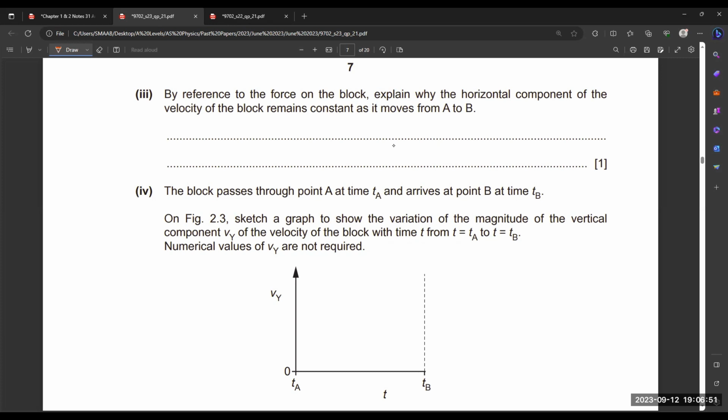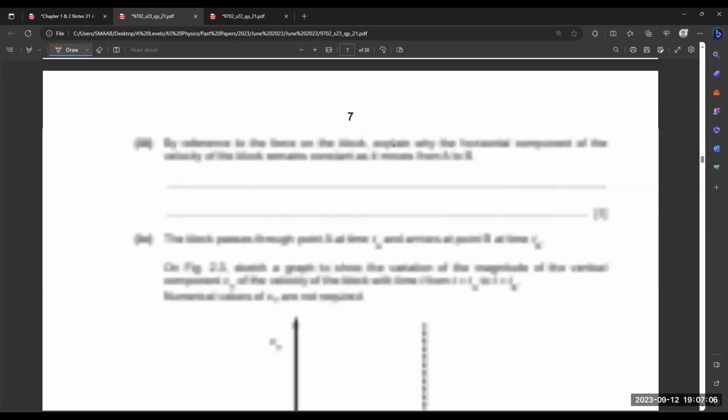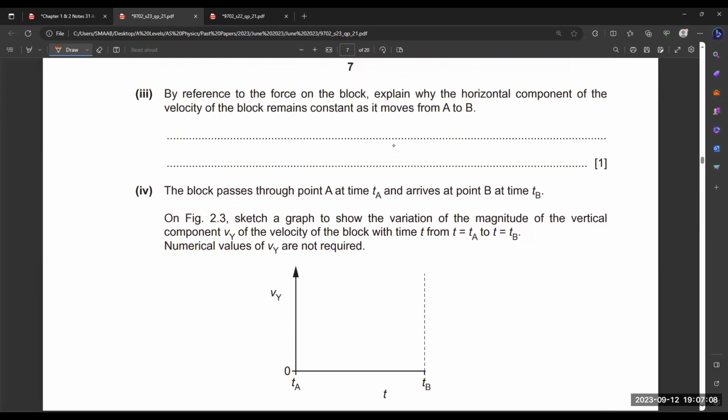Moving from point A to B, there is no air resistance, so the resultant force is equal to zero.